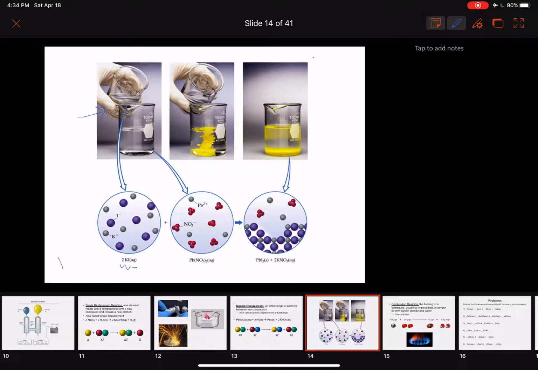So you guys can see that floating in water are K+ and I-. And then in this beaker right here, we have dissolved lead nitrate. And we can see that we have lead, which has a charge of +2, and we have nitrate floating around.